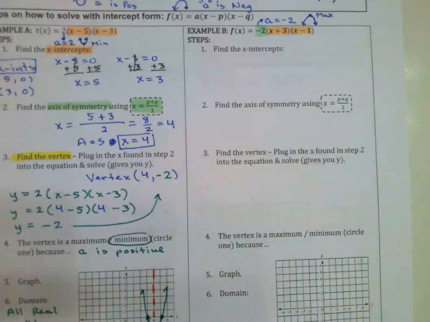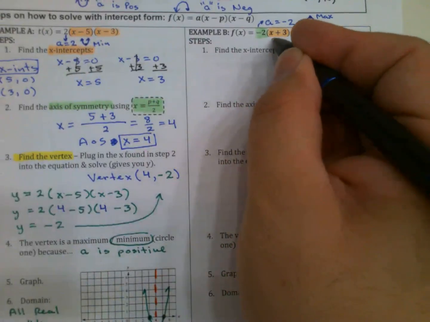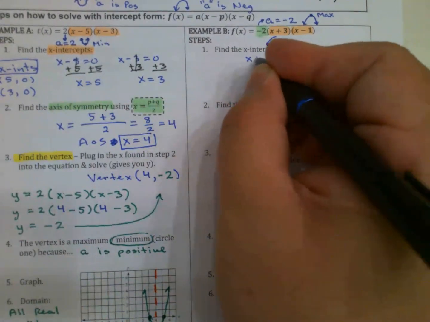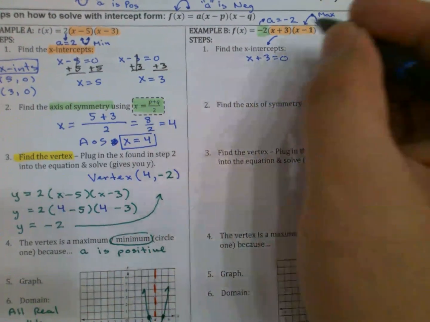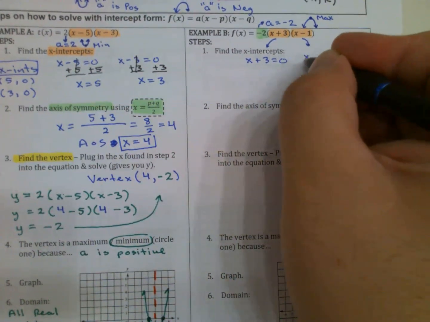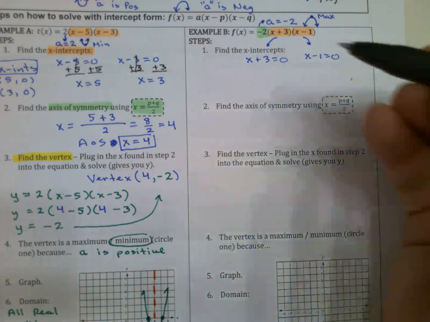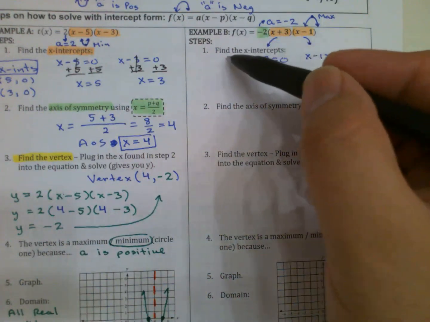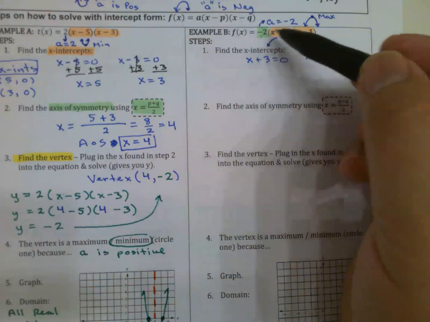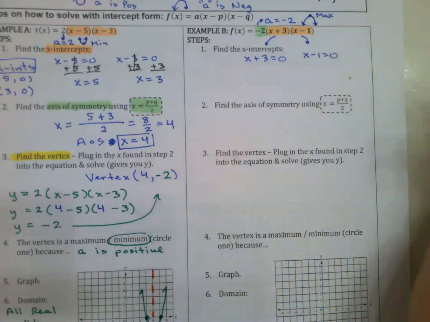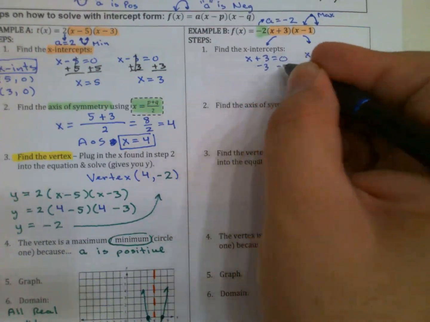And so I'm going to look for my x-intercepts. So that's step one. So I'm going to make x plus 3 equal to 0 and x minus 1 equal to 0. And again, if you didn't catch it early on, the reason we don't make the -2 equal to 0 is because it doesn't have an x. Only factors with an x are set equal to 0. All right, little math here.